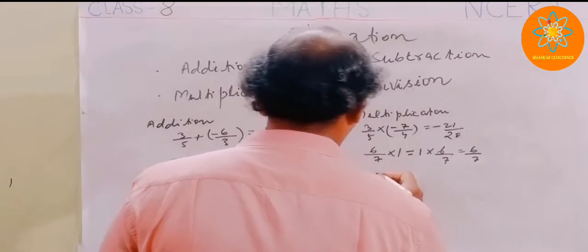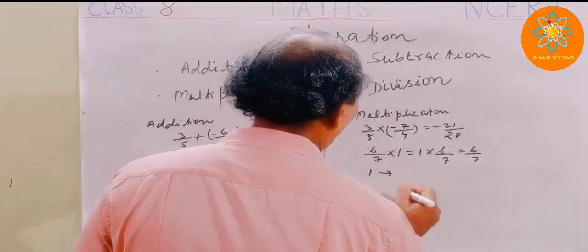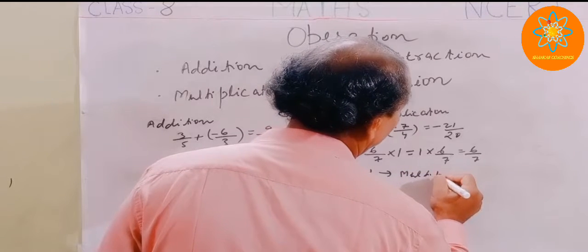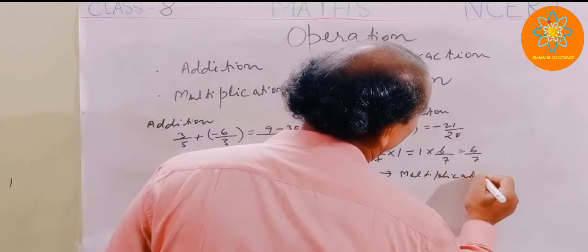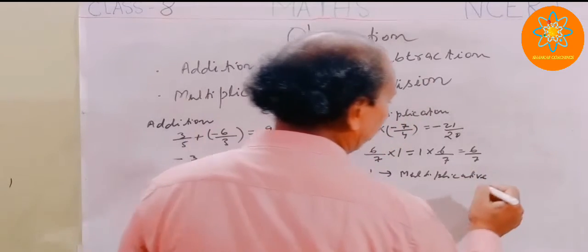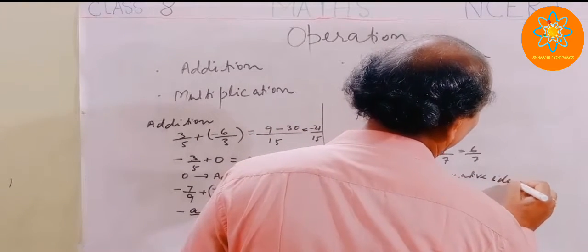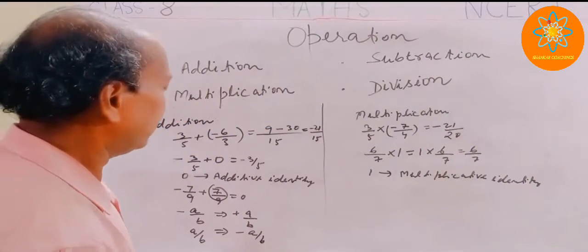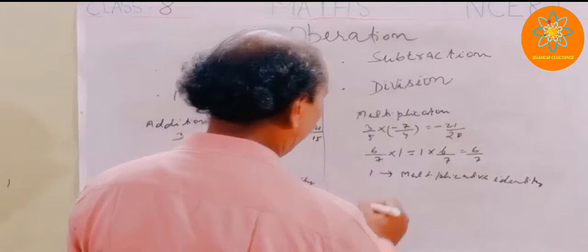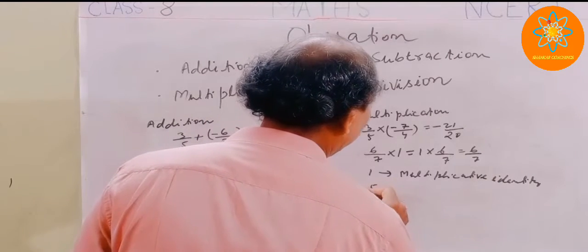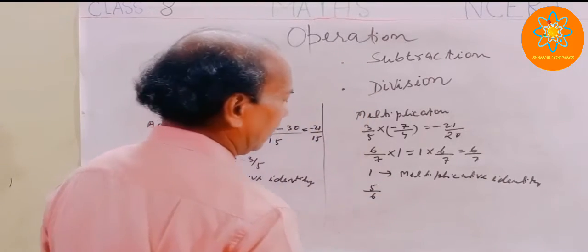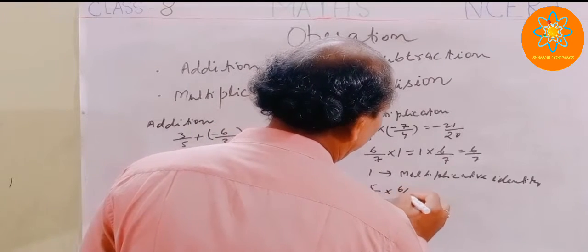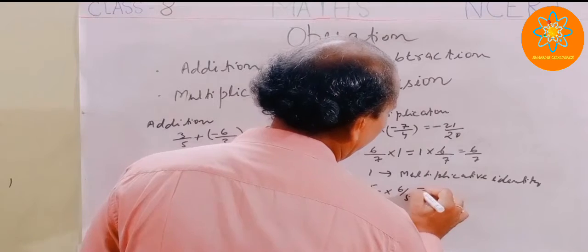So 1 is the multiplicative identity. Now, suppose I have a number 5 by 6. If we multiply this by 6 by 5, we get 1.